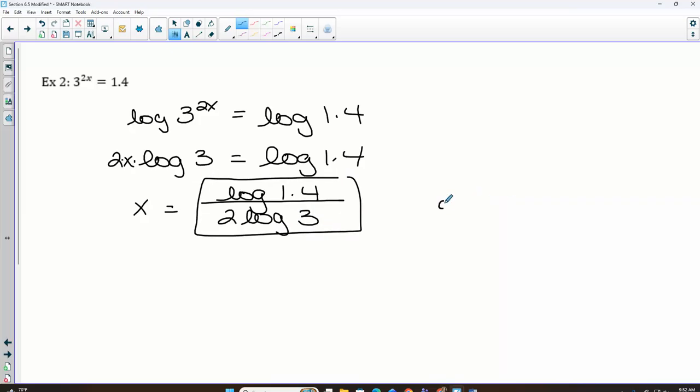If I ask for a decimal approximation, on the calculators, parentheses can sometimes be a problem. So here is my suggestion. If you are using this calculator, then I want you to push the N over D button so you can actually view it as a fraction. If you are using the graphing calculators, I want you to hit alpha, the green button, and then y equals, enter.